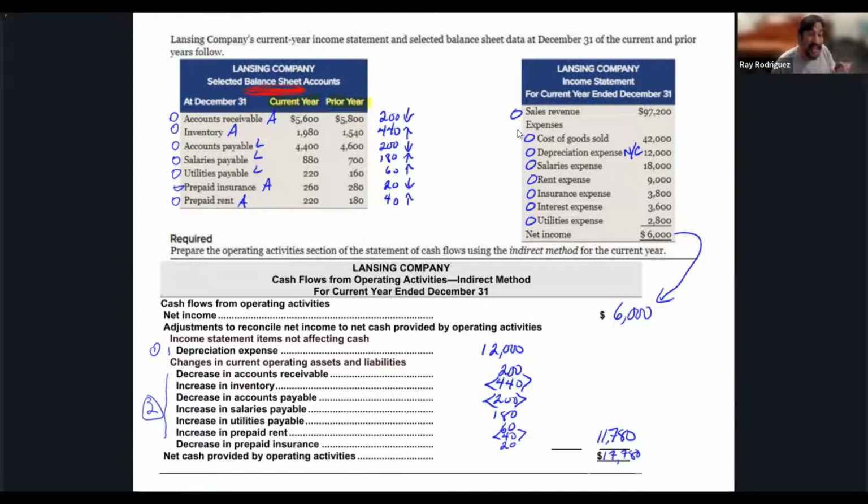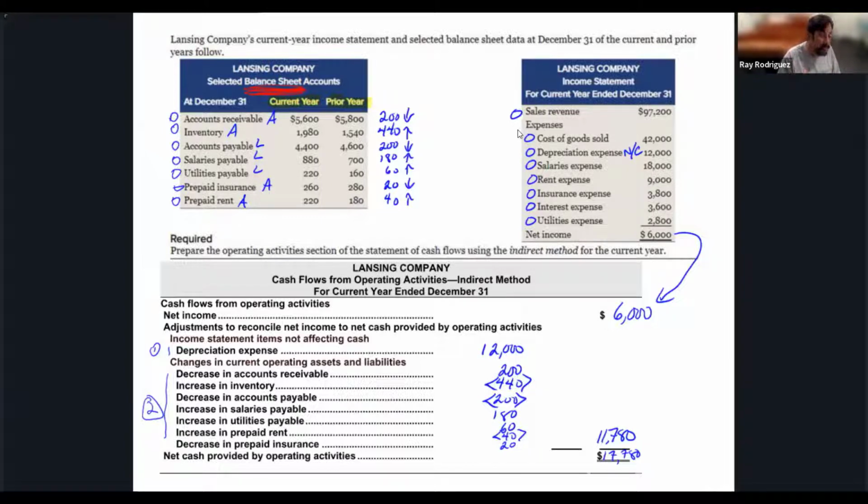So that's what we're given here, selected balance sheet accounts. Accounts receivable, inventory, accounts payable, salaries payable, utilities payable, prepaid insurance, and prepaid rent. And I've labeled each one of these as an A for asset or an L for liability, because we need that in step 2 when we're making those adjustments.